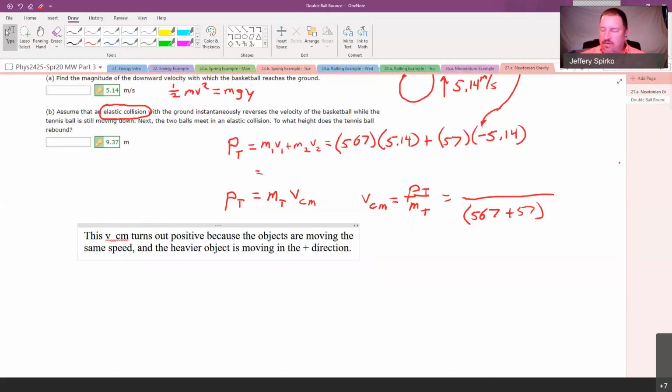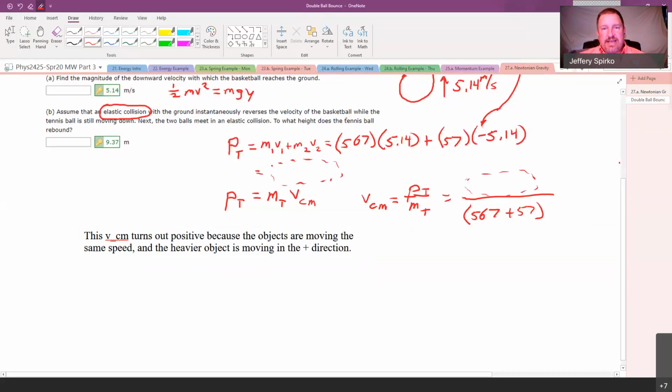So there's kind of a reasoning about why this is true for this particular case. There's going to be this value here that gets calculated that goes over to here. So now we know the center of mass velocity of both of these objects.